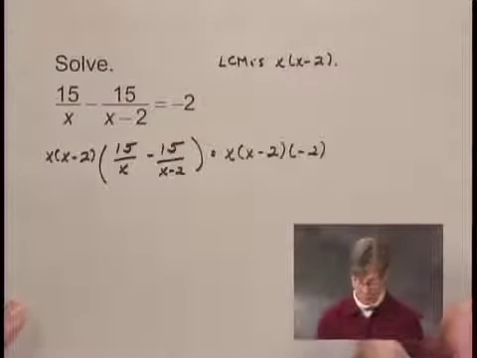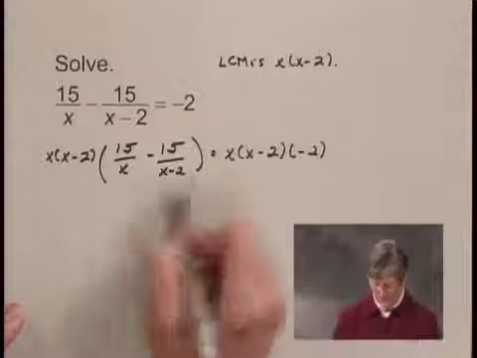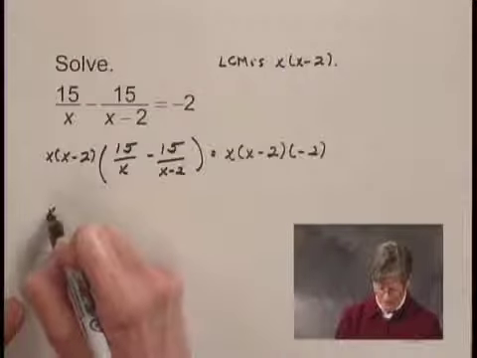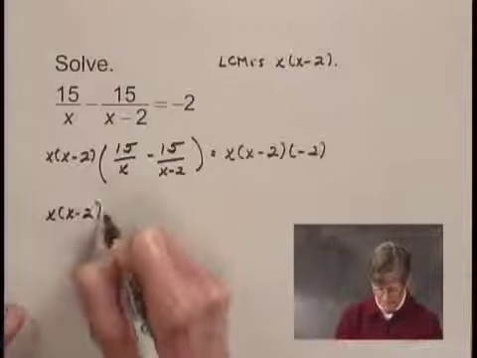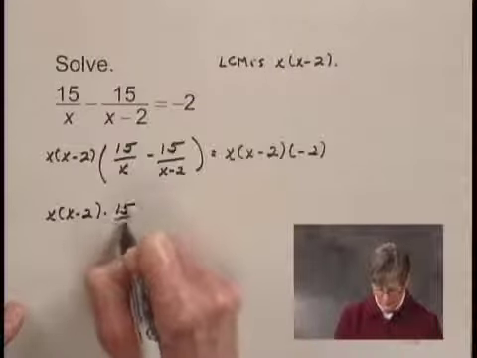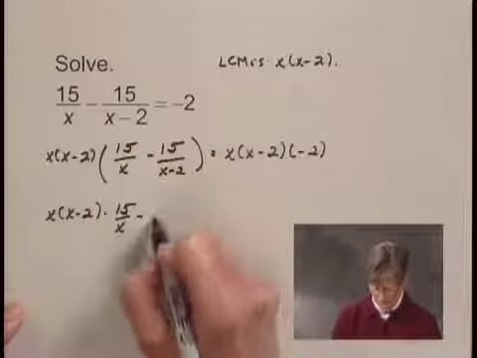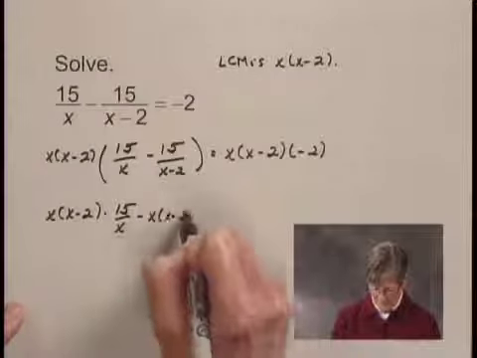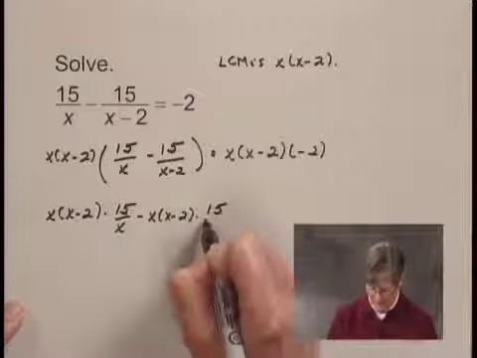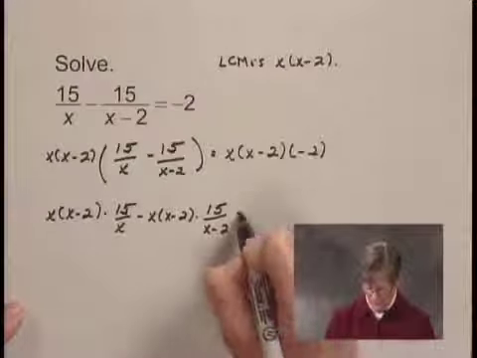Now on the left-hand side, removing parentheses, I have x times x minus 2 times 15 over x, minus x times x minus 2 times 15 over x minus 2.